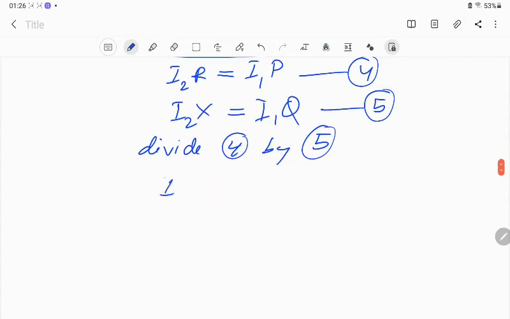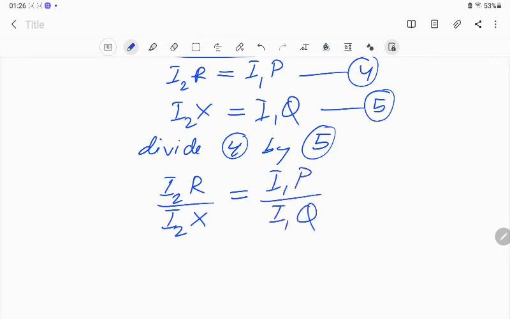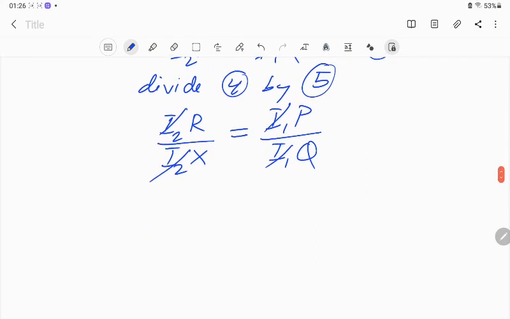So that means I2R divided by I2X is equal to I1P divided by I1Q. So this I2 and I2 cancel, I1 and I1 cancel. So R by X equal to P by Q.